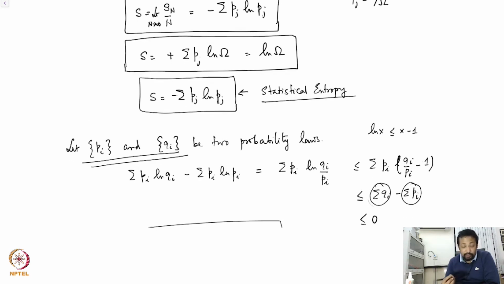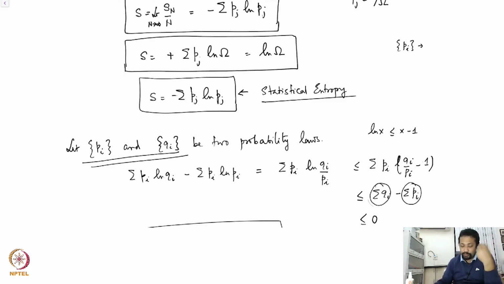For example, let pi correspond to the probabilities associated with the rolling of a biased n-faced die, and qi correspond to the rolling of an unbiased fair die.